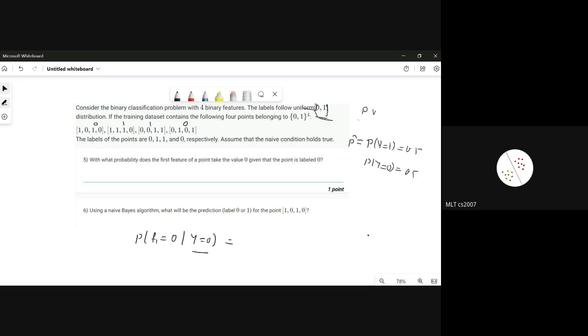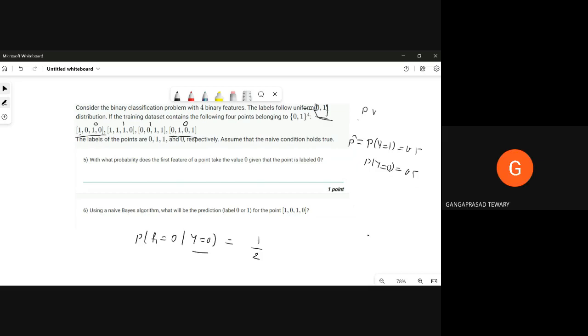This belongs to class 0 and this belongs to class 0, right? So 2 data points are there in total. And out of these 2 data points, for how many is the first feature 0? This is your first feature, right? Here it is 1, here it is 0. So 1 out of these 2 takes value 0 for the first feature. So this is the probability.